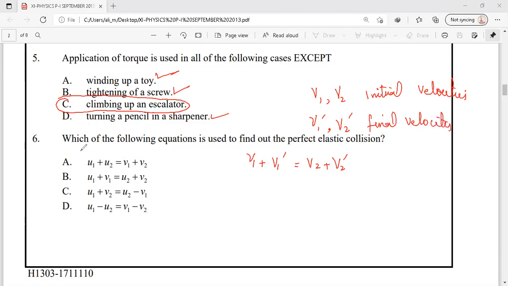So in this question, u1 and u2 are initial velocities, while v1 and v2 are the final velocities. So the relation that we have studied in our chapter describes that v1 is the initial velocity of body 1 and v1 prime is the final velocity of body 1.